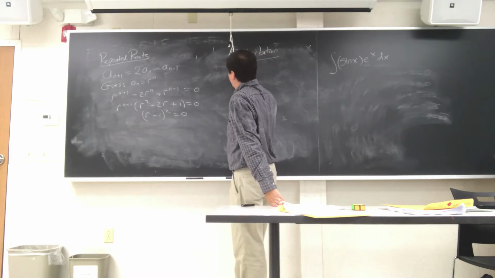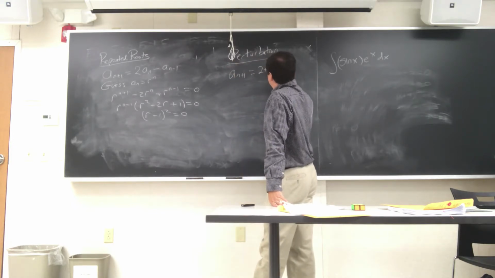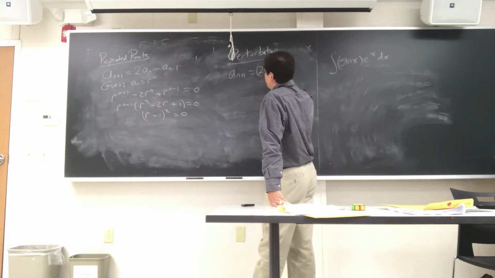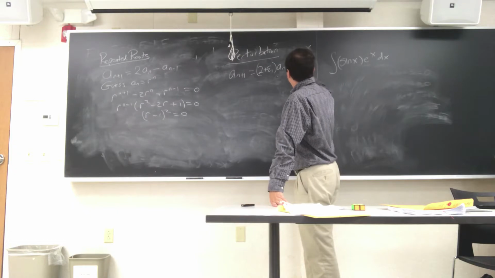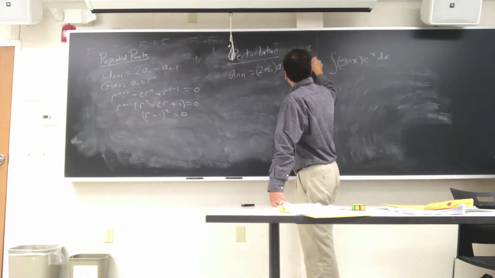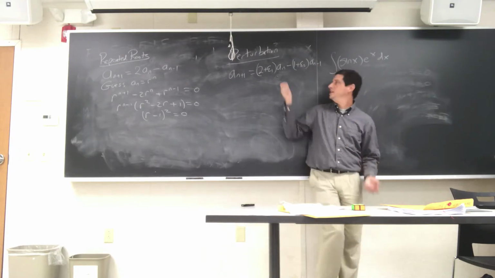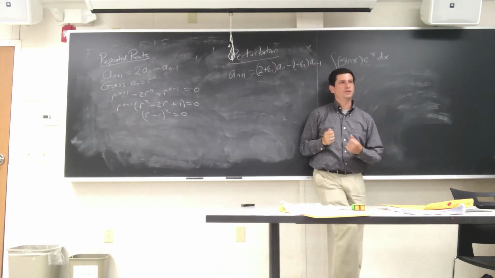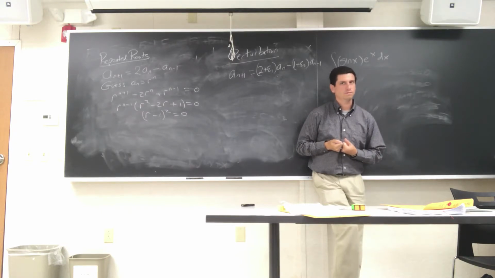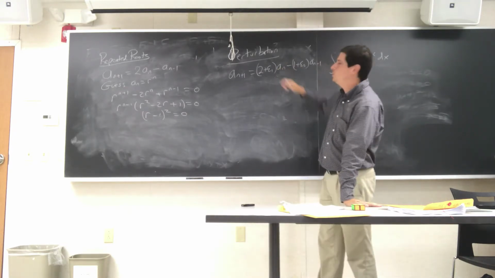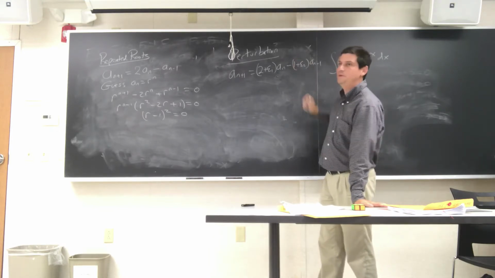So let's assume we now have a_{n+1} equals maybe (2 plus epsilon 1) a_n minus a_{n-1} plus epsilon 2 a_{n-1}. And the idea is if I tweak these just a little bit, I should be able to force myself to have 2 distinct roots. And you might even be able to do that by only tweaking the first one over there. So maybe we can even keep this one to be 1.